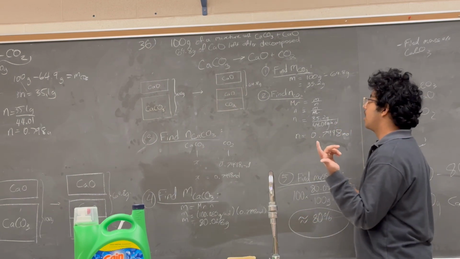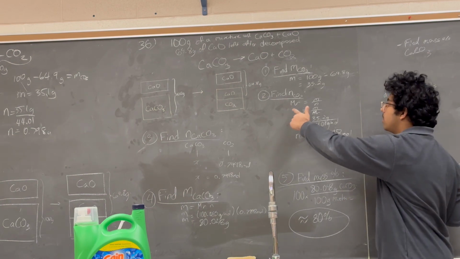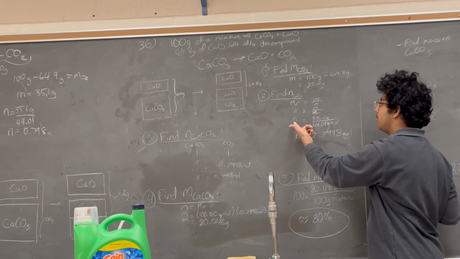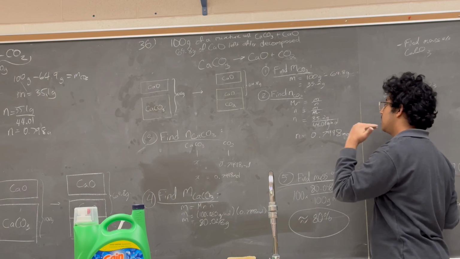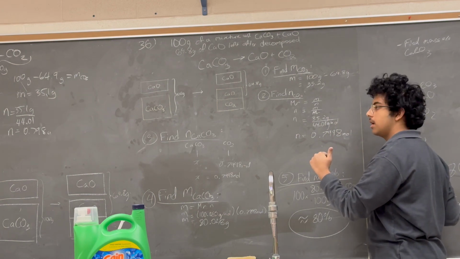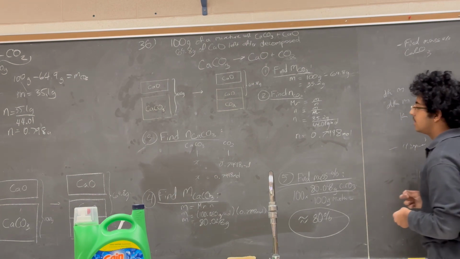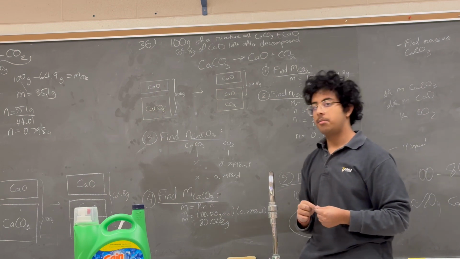So let's convert the mass to moles. Here we have M_r equals m over n, so n equals m over M_r. So our moles of carbon dioxide is going to be 35.2 grams divided by the molar mass of carbon dioxide, which is 44.01 grams per mole. So this leaves us with 0.7998 moles of carbon dioxide.